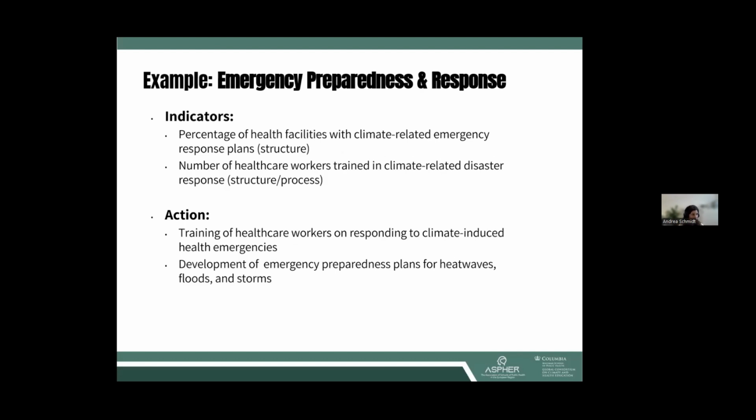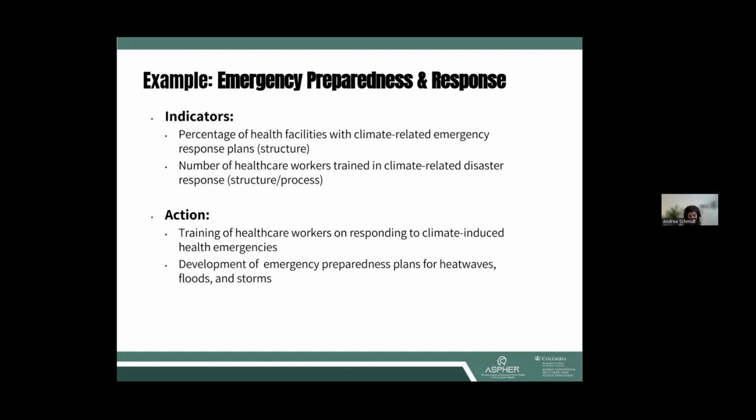And just to give you one example here, but we will hear more examples later, emergency preparedness and response. So we have here a structural indicator, the percentage of health facilities with a climate-related emergency response plan, but also then the number of healthcare workers that are trained in climate-related disaster responses.